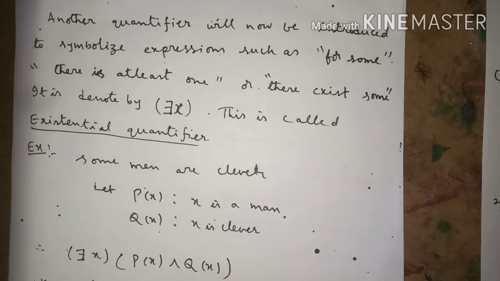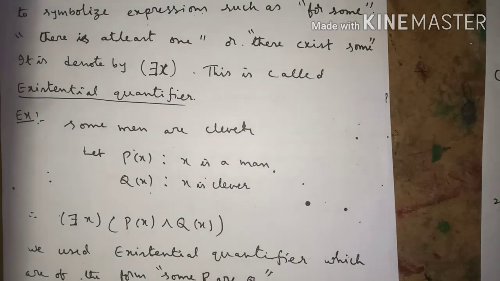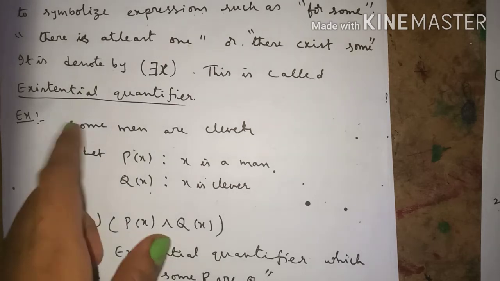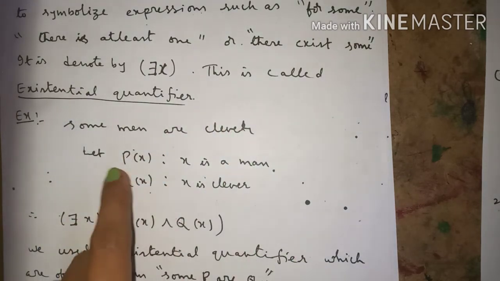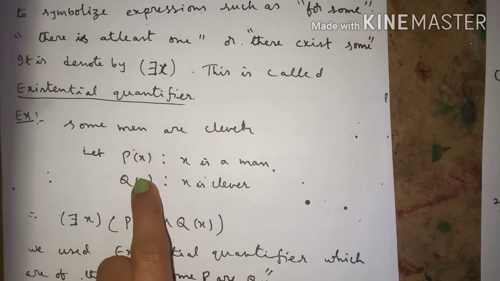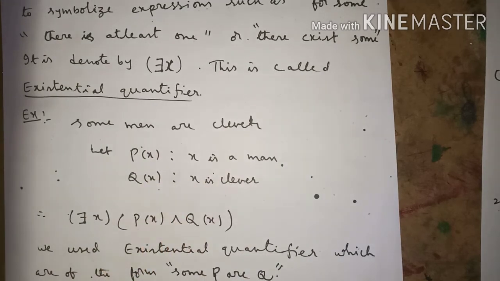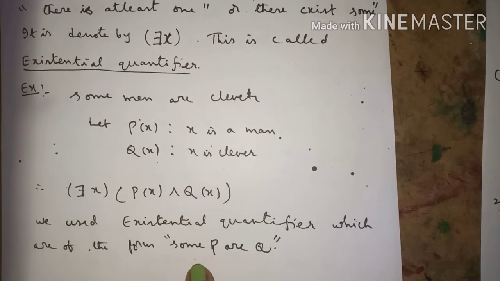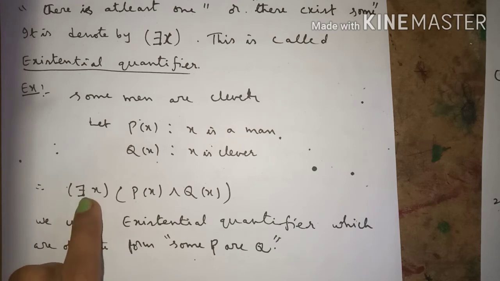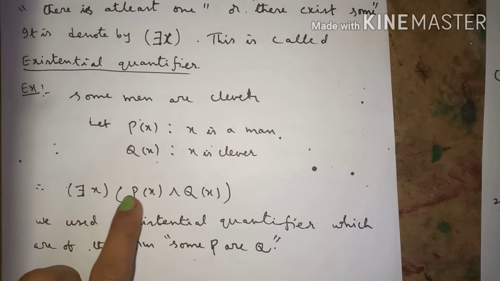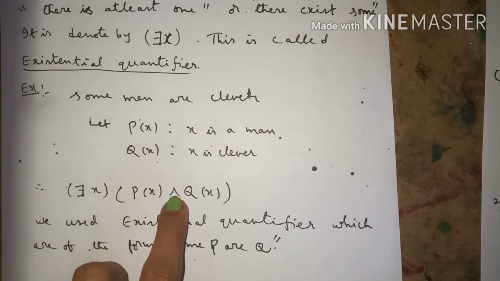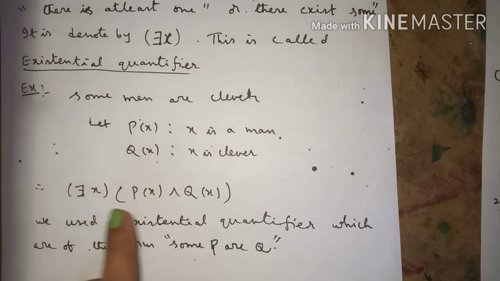Now, one example we will see. Some men are clever. P of x, x is a man. Q of x, x is clever. Now we can symbolize using the existential quantifier: there exists x, there is at least one x, P of x and Q of x.